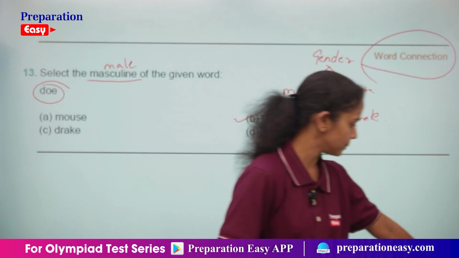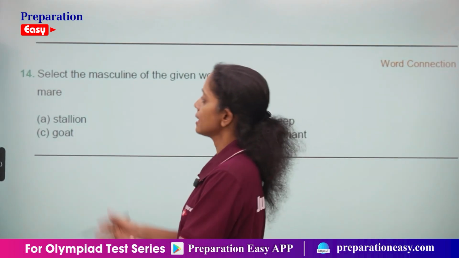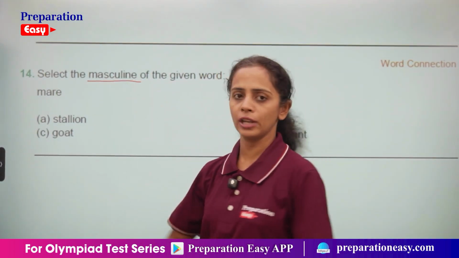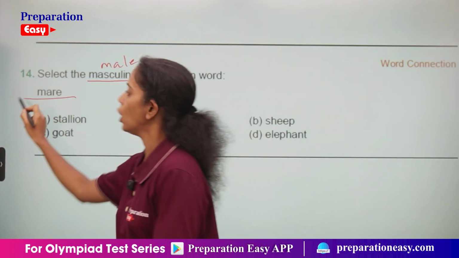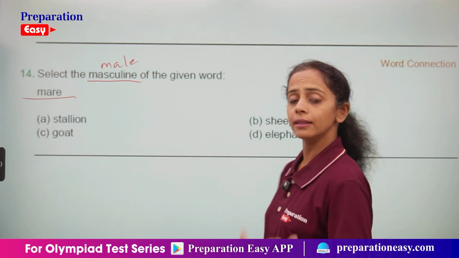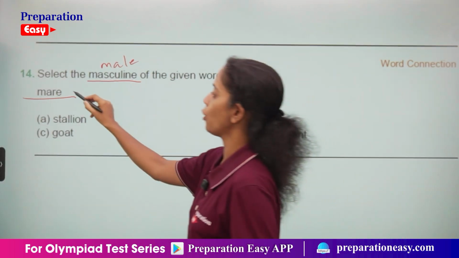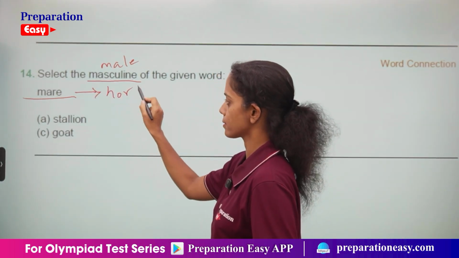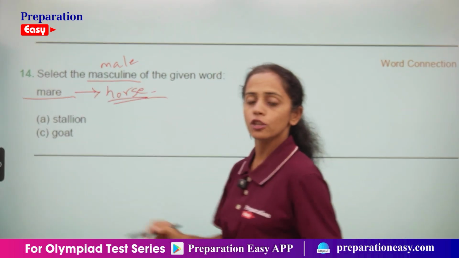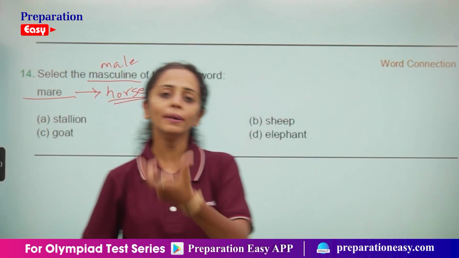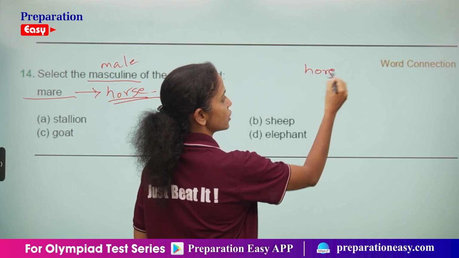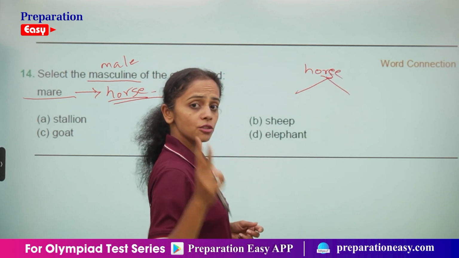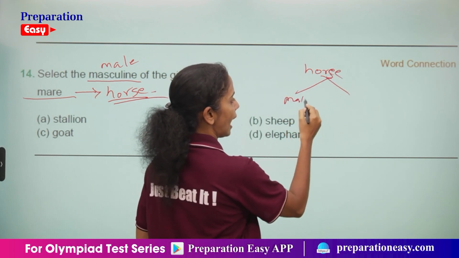Clear? Next, again the keyword is masculine. Masculine means you have to find the male gender of which word? Of mare. Mare is the female gender of horse. So the word horse is a common category. In that word horse, there are two different genders, male and female.